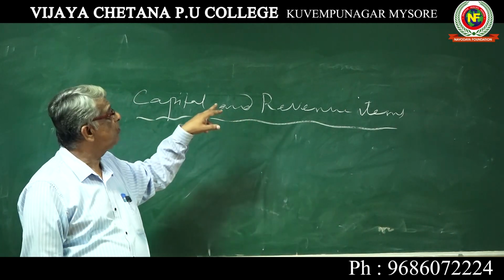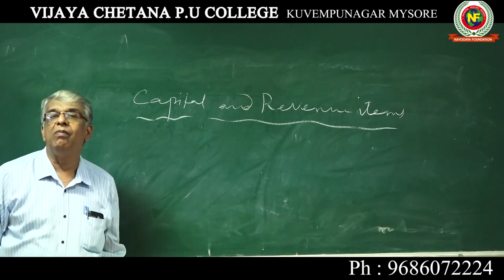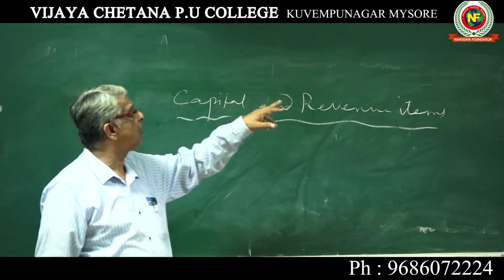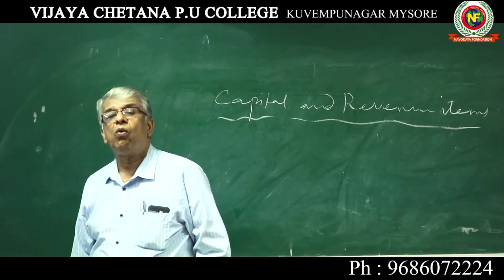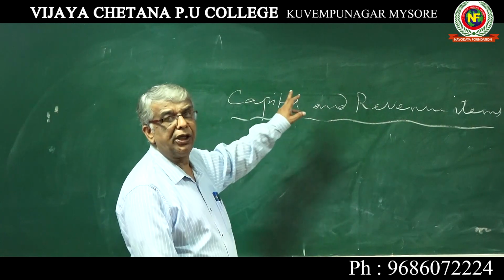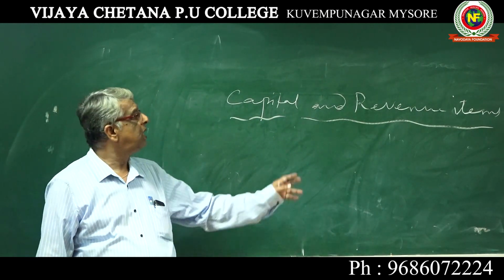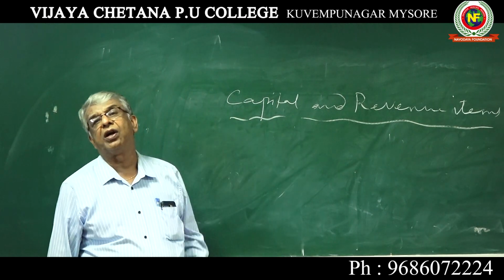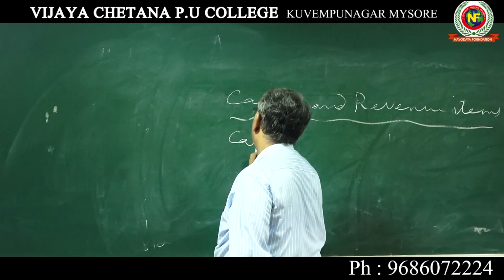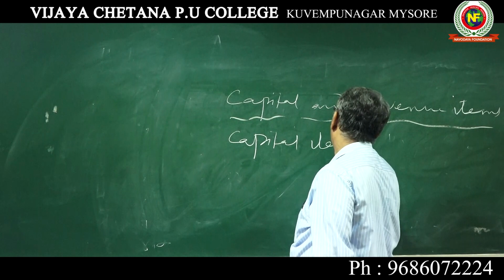Unless and until you bifurcate what are capital items and what are revenue items, you cannot work out the problem. If you are able to differentiate between these two, you can easily work out the problems on not-for-profit organizations. Now I would like to take up the first one, capital items.